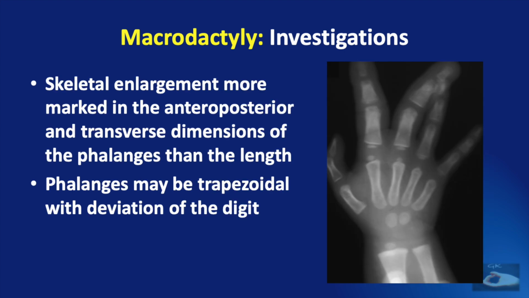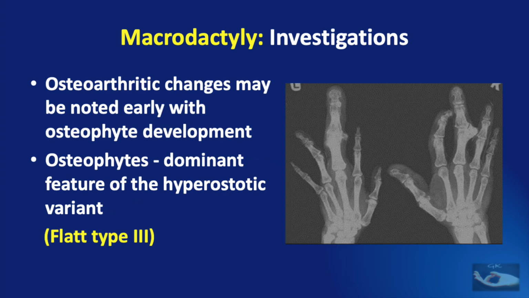Another feature is that skeletal enlargement is more marked in the antero-posterior and transverse dimensions of the phalanges rather than the length. Phalanges may be trapezoidal with deviation of the digit. Osteoarthritic changes may be noted early with osteophyte development.